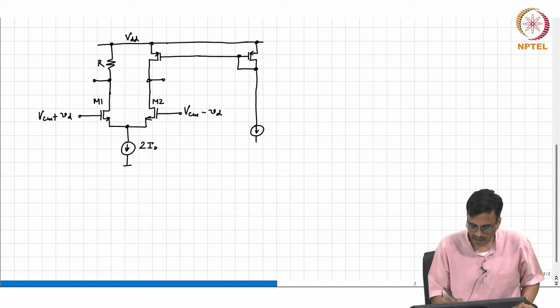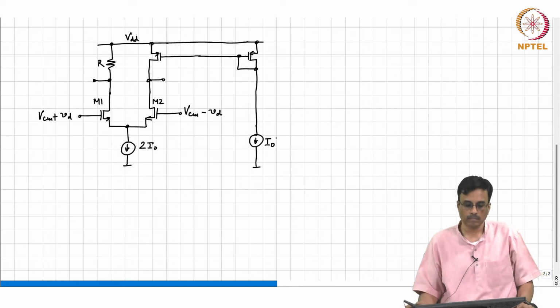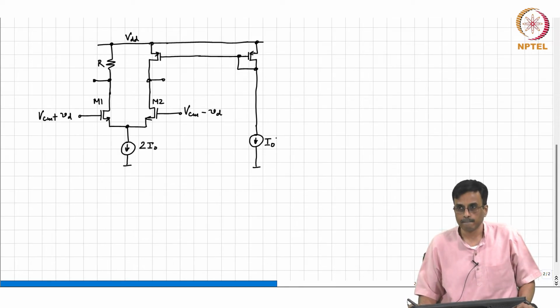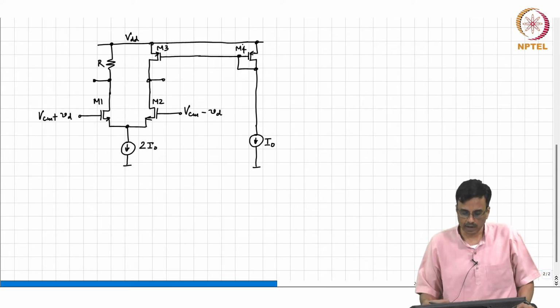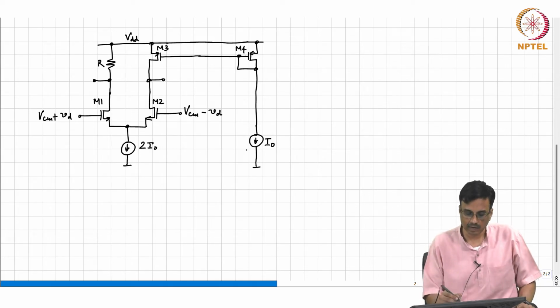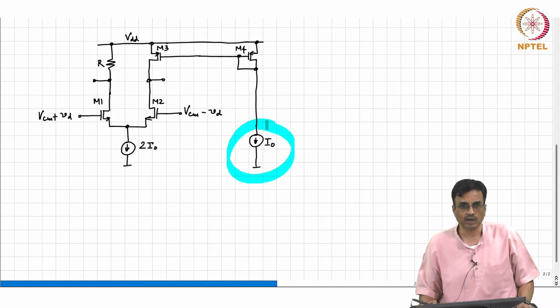If all the transistors M1, M2, M3 and M4 are identical, does it make sense, or are we okay with this current, or is this not correct?